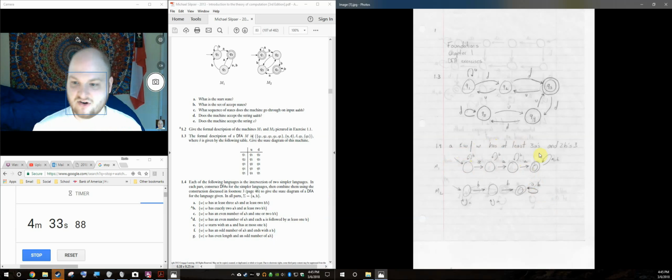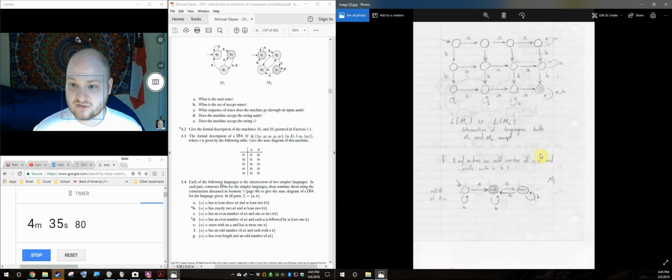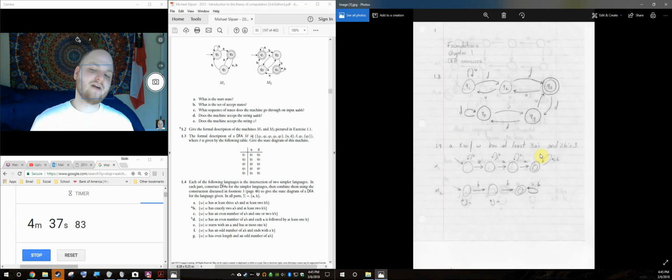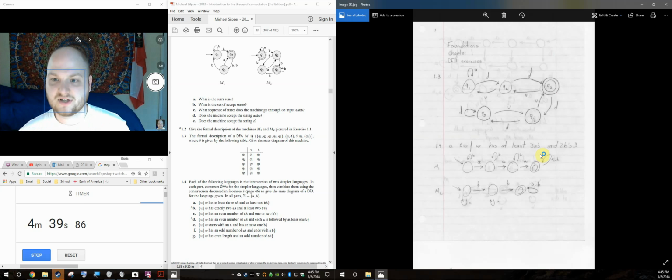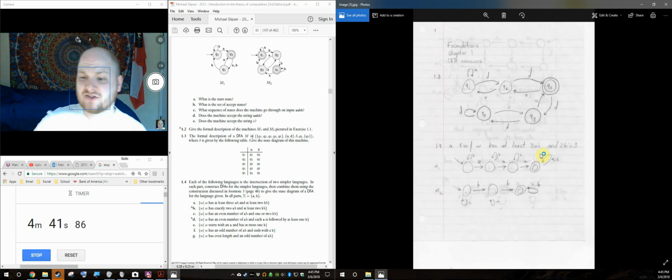How I started off doing this one, which I found particularly interesting, not so intuitive at first: this is a compound language.